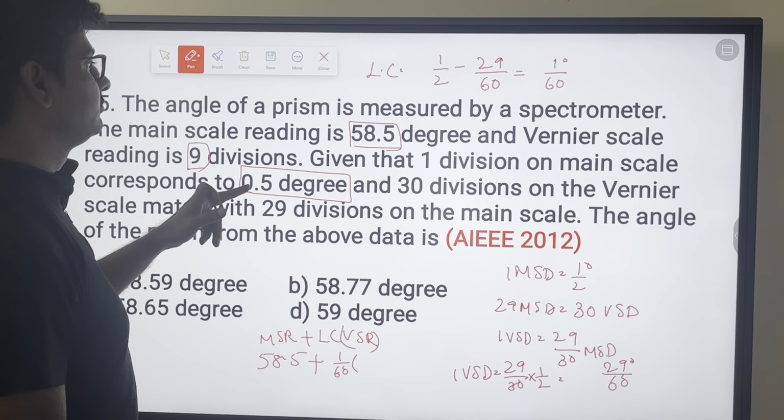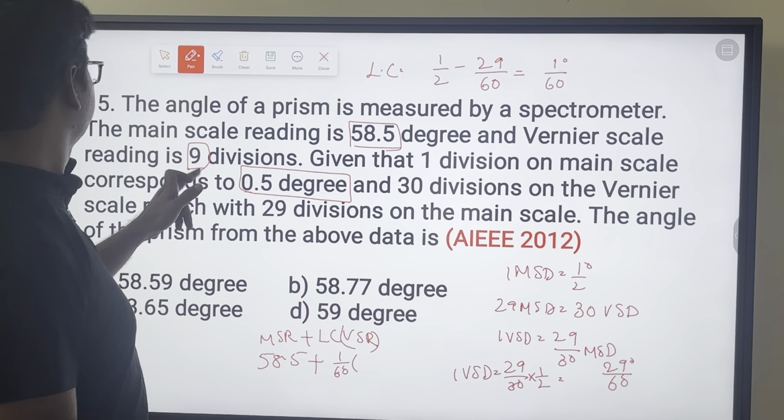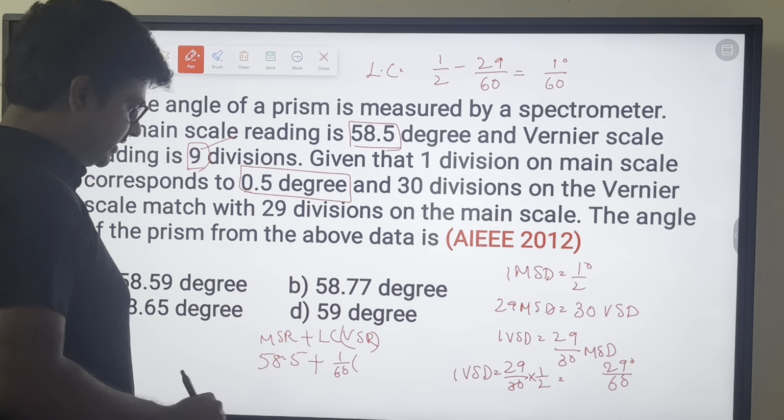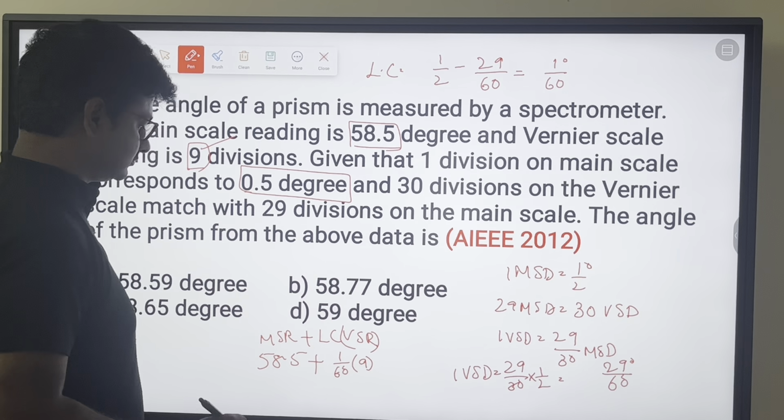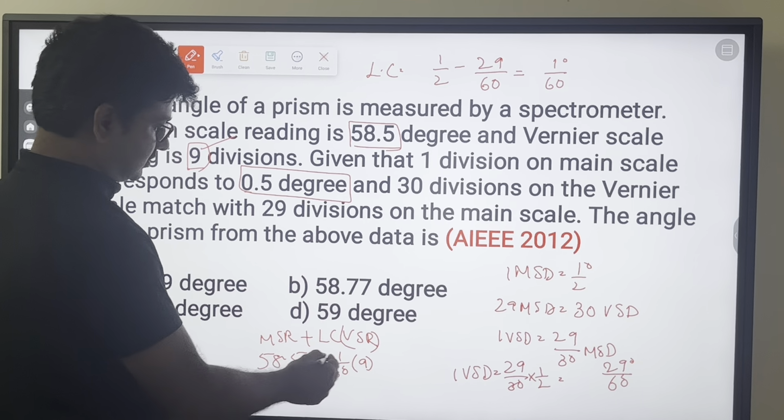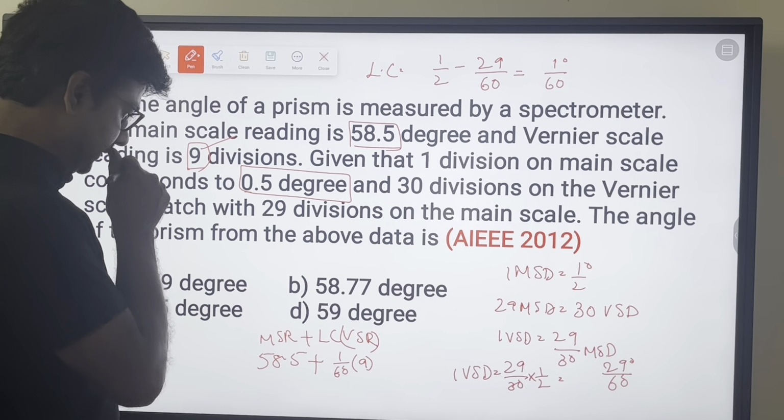Main scale reading is 58.5, and the vernier scale coinciding division is 9 divisions. Therefore, 1 by 60 into 9, so this is 9 by 60 degrees.